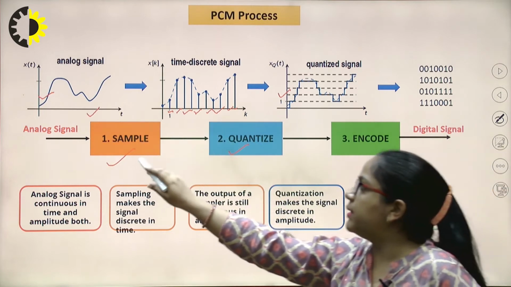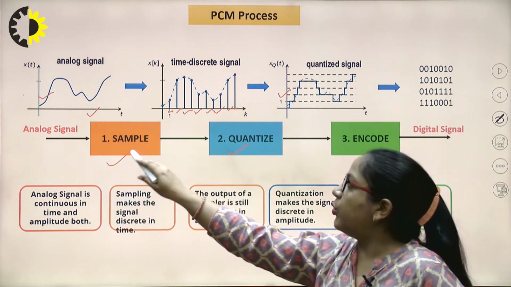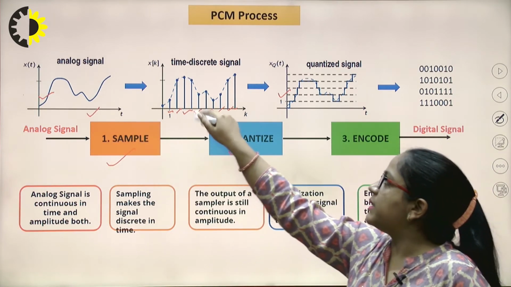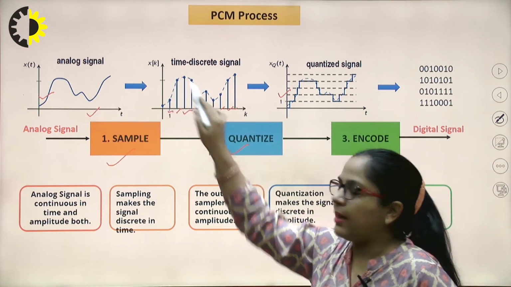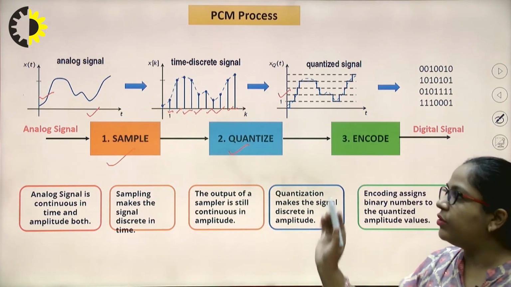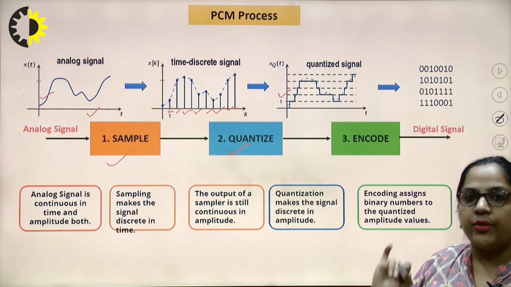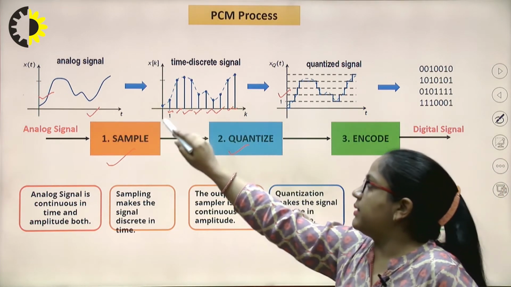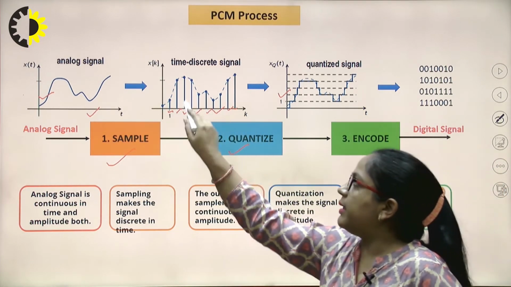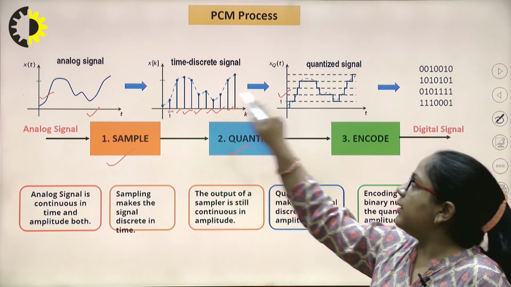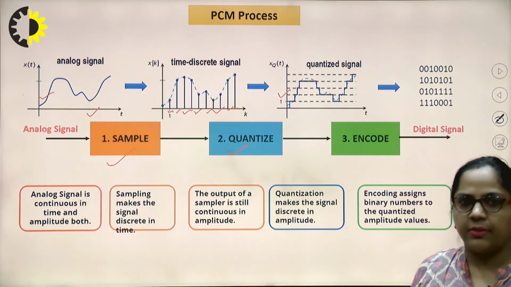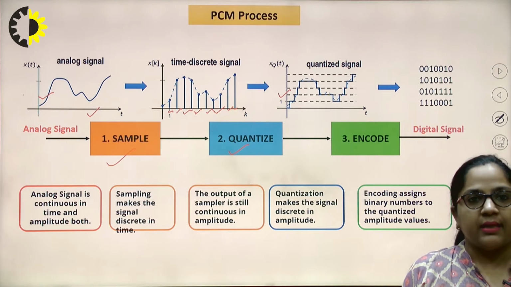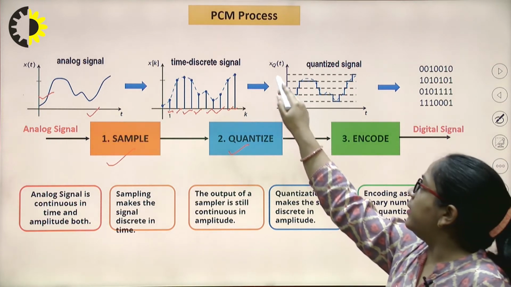The output of the sampler is a signal which is discrete in the time axis, but this signal is still continuous in the amplitude axis. So, if we want to convert the analog signal into a digital signal, the next step is to discretize this signal in the magnitude axis also. That can be done with the help of a quantizer. So, quantization makes the signal discrete in the amplitude axis.